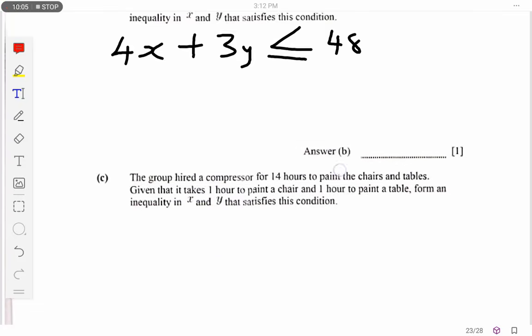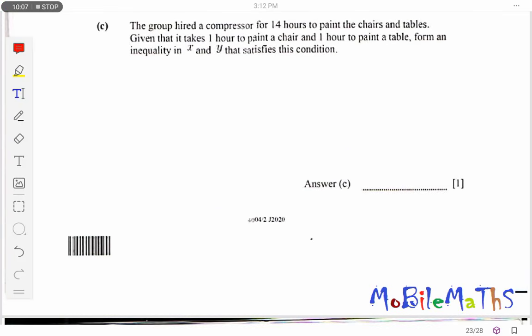Then let's go on to the next one. The group hired a compressor for 14 hours. Given that it takes 1 hour to paint a chair and 1 hour to paint a table, we want to form an equation for X chairs and Y tables.